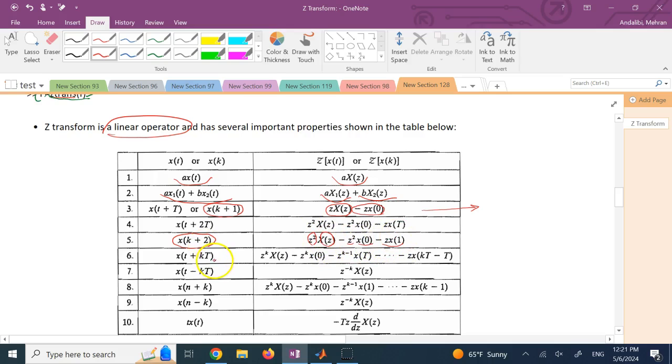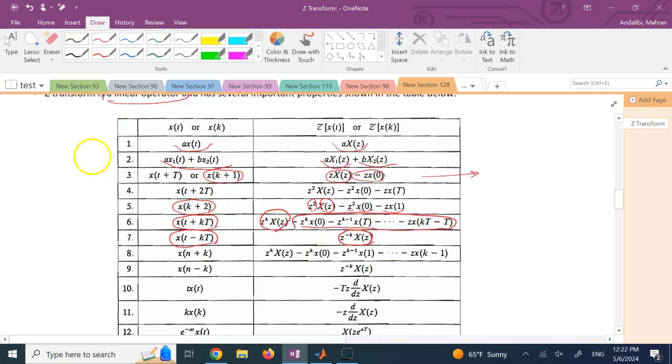And in general, you can have it k sample times ahead or k sample times behind. This is the behind one that I showed you, remember? It's going to be z to the negative k times that, and if it's k steps ahead, not only do you have z to the k X of z, you also need to include all of these initial conditions, x of 0, x of 1, all the way to x of k minus 1. Okay, yes, so that is important.